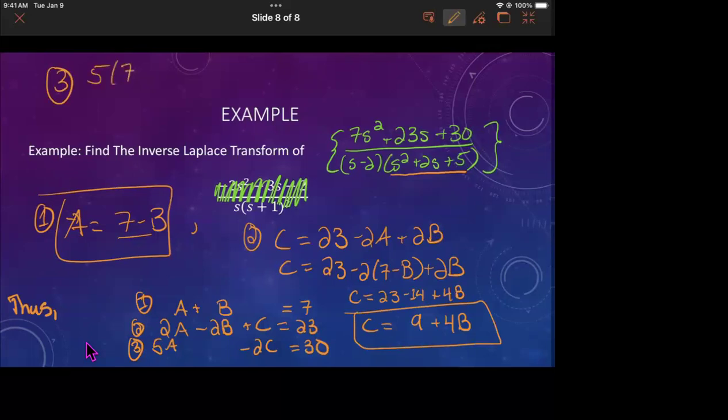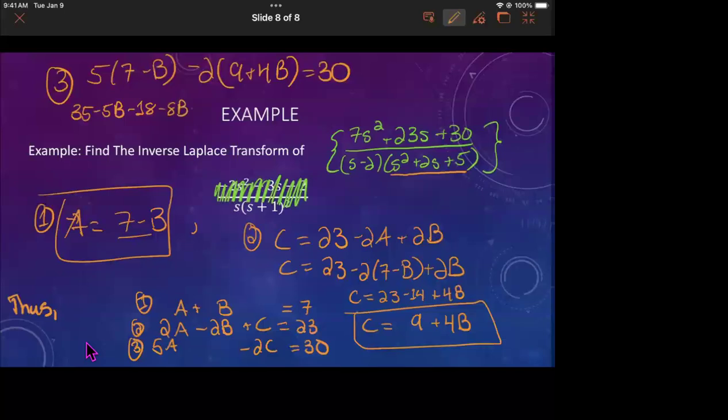So we'll have 5 times 7 minus b, and then minus 2 times 9 plus 4b equals 30. Okay, and so we'll have 35 minus 5b minus 18 minus 8b equals 30. So we'll have 17 minus 13b equals 30.